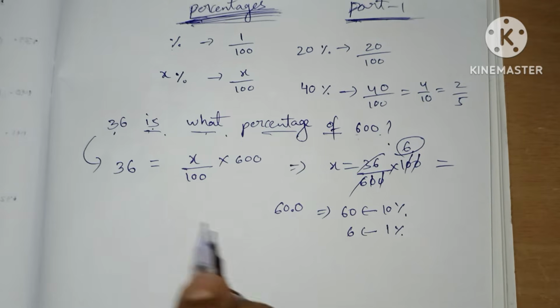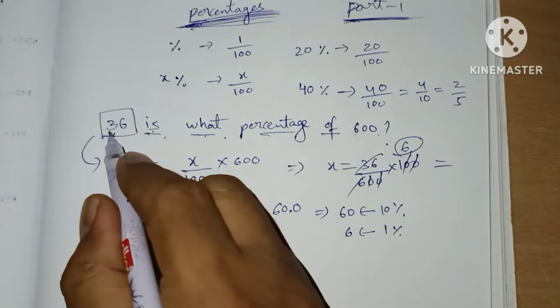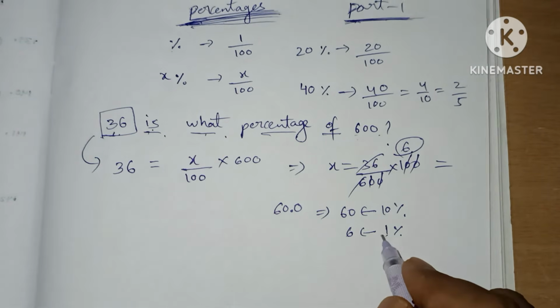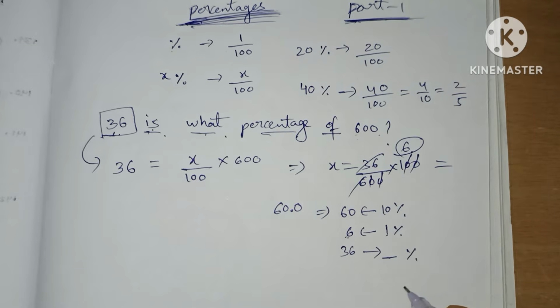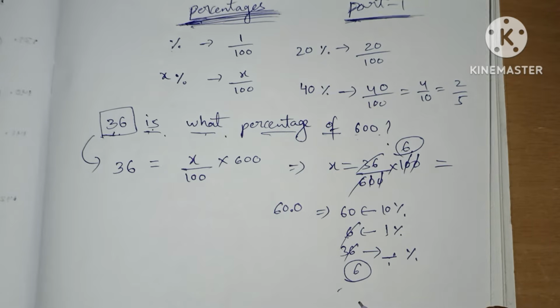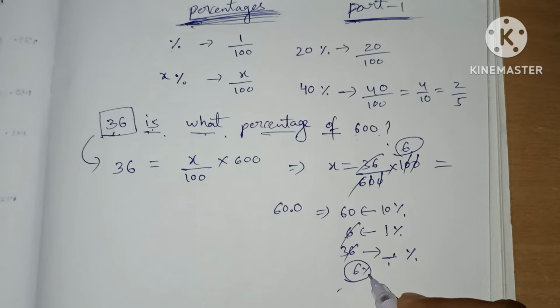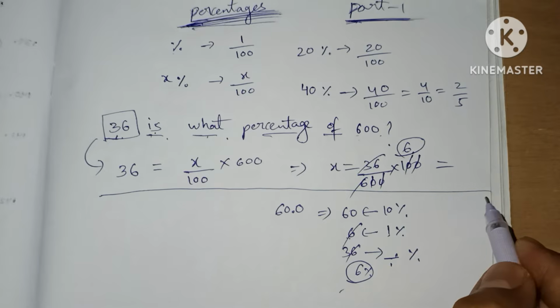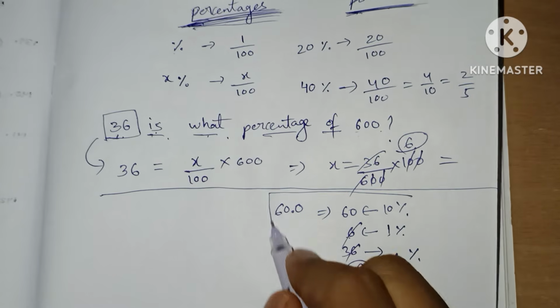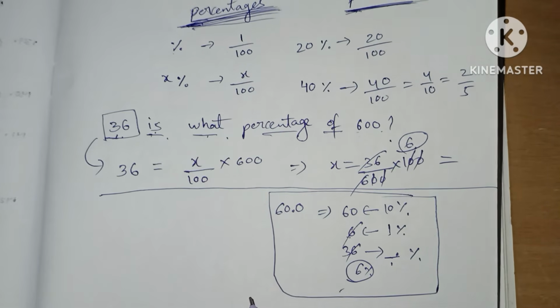We need to get 36, and 1 percentage value is 6, so 6 times is our answer. So our answer is 6 percentage. So this is the basic method, and now the mind calculations method.